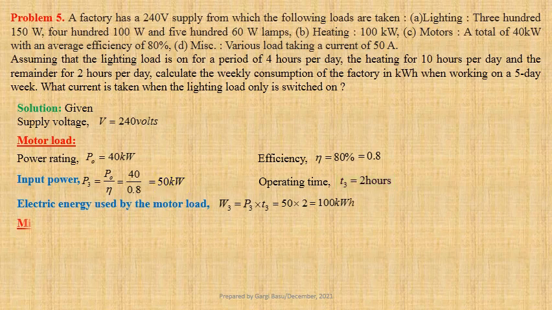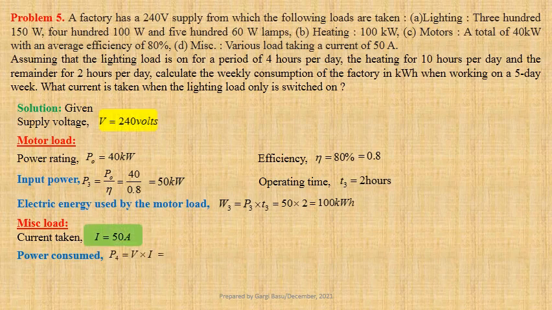For miscellaneous load, given current drawn from the supply I equals 50 ampere. Let us now calculate power consumed by this load. P4 equals V into I. Using values we get 240 into 50, that is equal to 12,000 watts or 12 kilowatts.